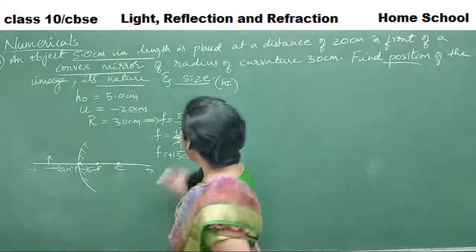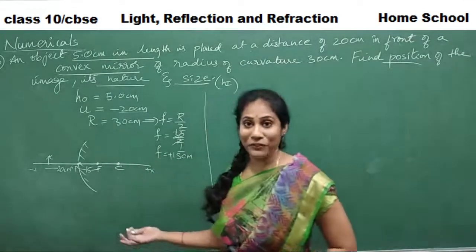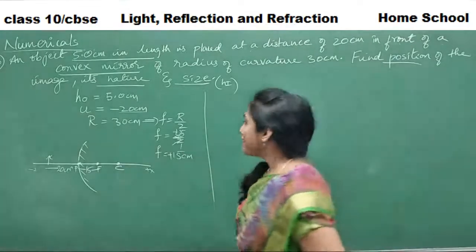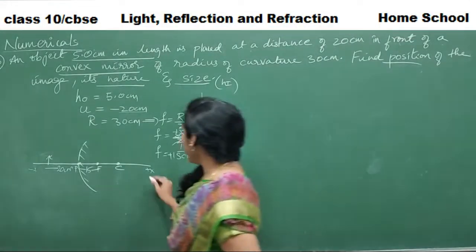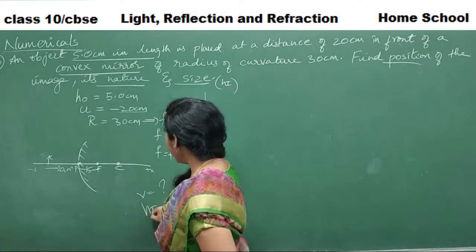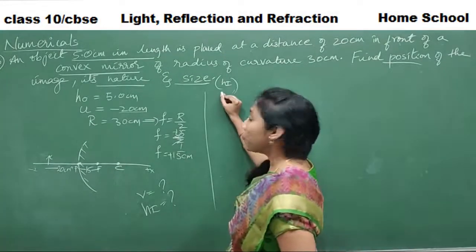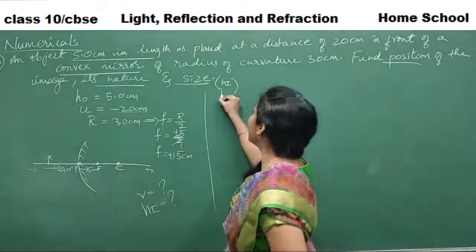Fine. And now since they are asking the exact distance, you can't say it is somewhere within 15. You have to calculate. So what you have to calculate? V, and also the height of the image you should calculate. Let us calculate with the help of the mirror formula here.